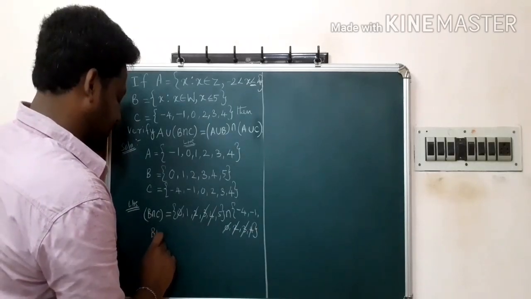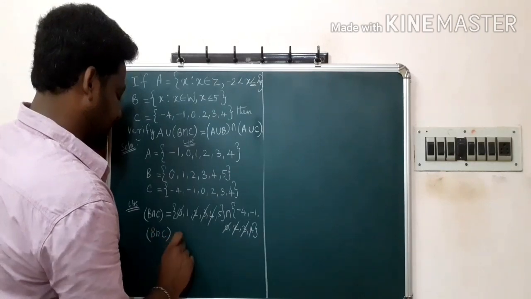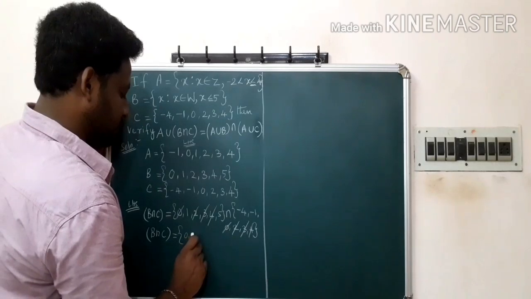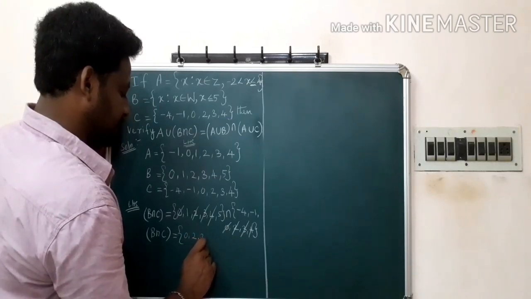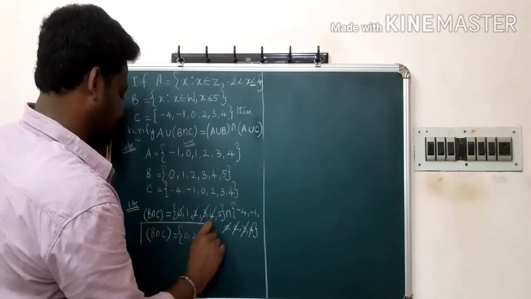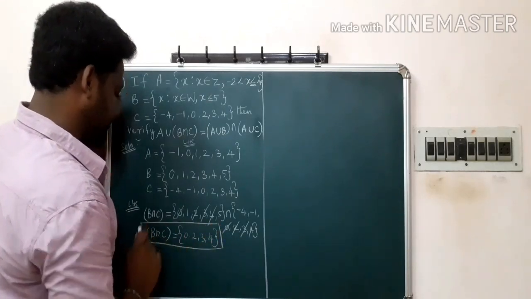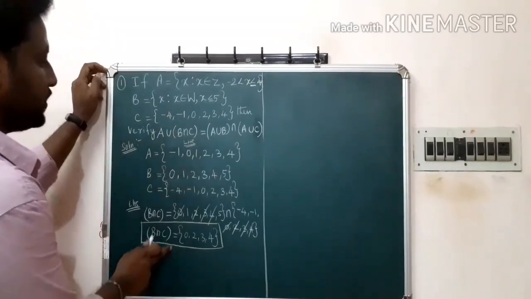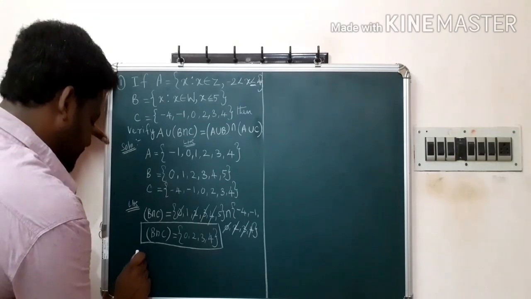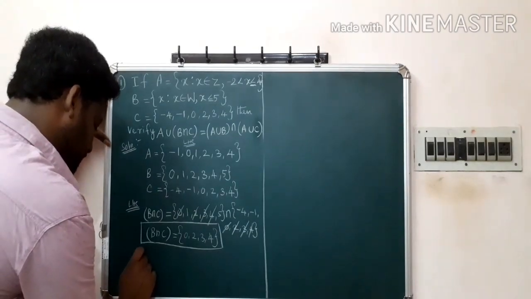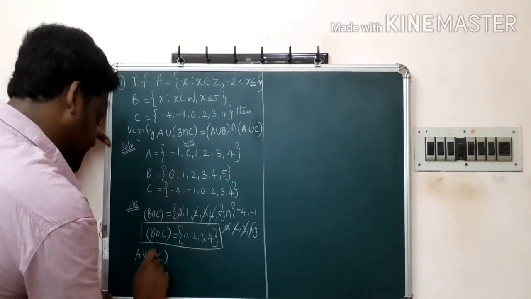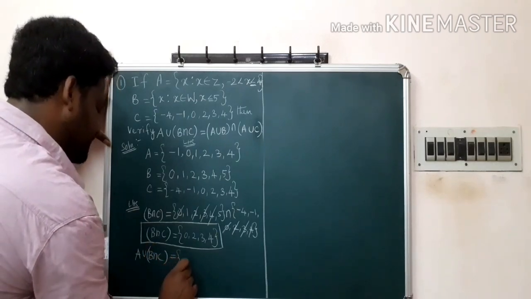So B intersection C is equal to, what are the common elements? 0, 2, 3 and 4. This is taken as B intersection C, and then we have to take the union with set A. That is the left hand side form, A union B intersection C. What is set A?